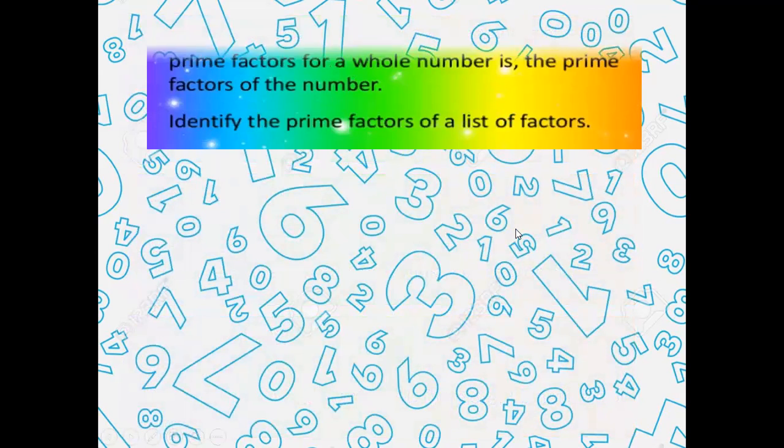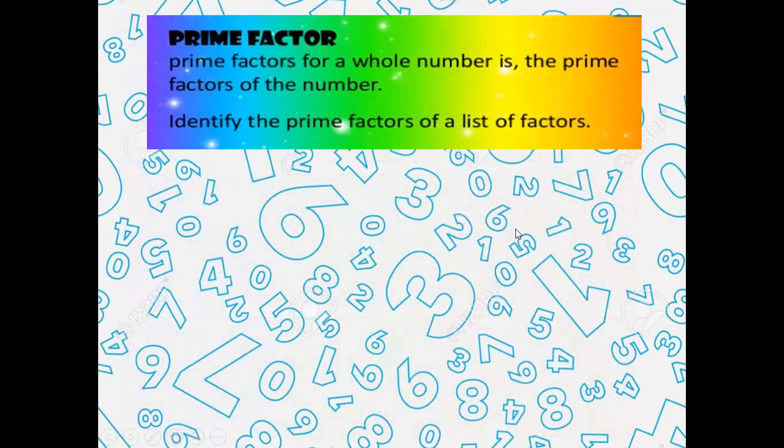Next, we're going to talk about prime factors. So what is a prime factor? These are numbers that can divide a given number accurately, but take note, it is prime. So let's go back to what is prime. These are numbers that can only divide a given whole number by the number itself and the number 1.